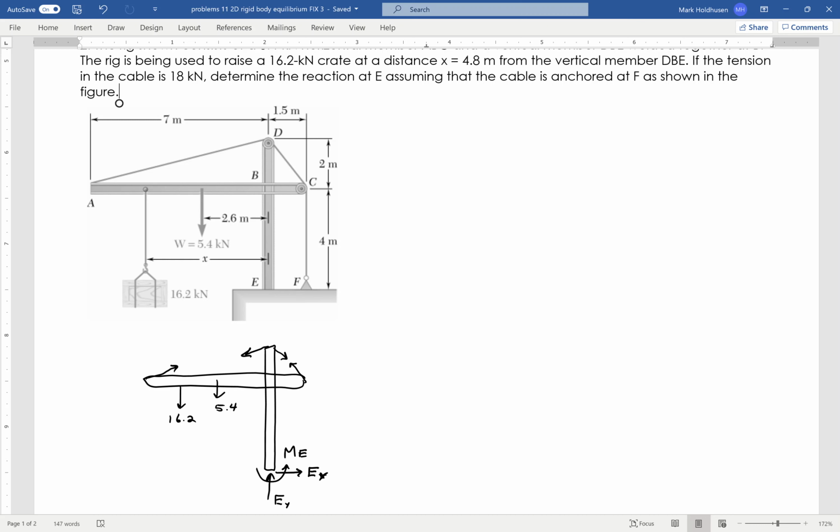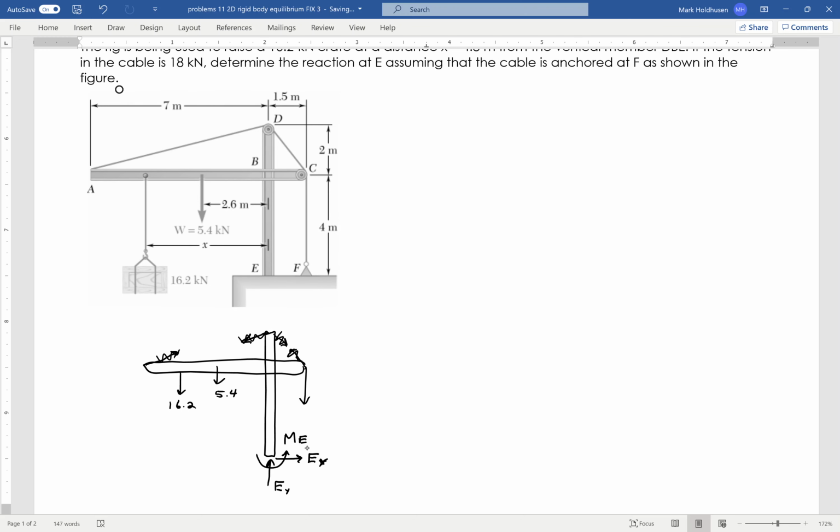Now, if I look here, I've got this tension going down like this, and if I think about down there, the force at F is actually external. So that would not be part of this. This would not be included in the free body diagram. Only that force there, that's where the 18 kilonewtons will be placed. So we only draw external forces on the body.